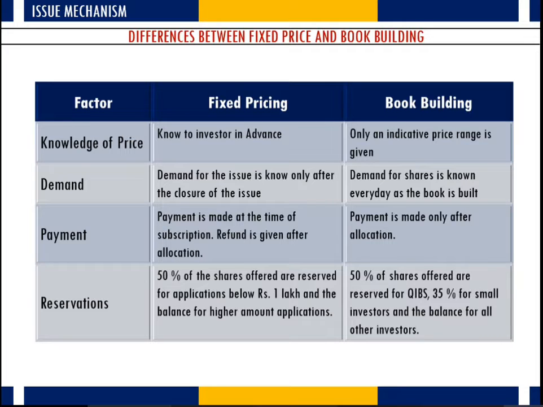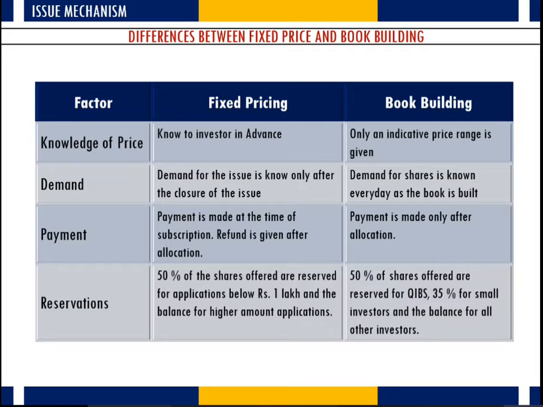But here, during the issue itself, the merchant bankers are releasing data on a daily basis. Day one, how many percentage of shares are subscribed? Day two, how many percentage of shares are subscribed? So on a daily basis, you're getting information which you can utilize to buy these company shares, and in case you get them, then you will become lucky, because if the demand is more, the prices will definitely go up.